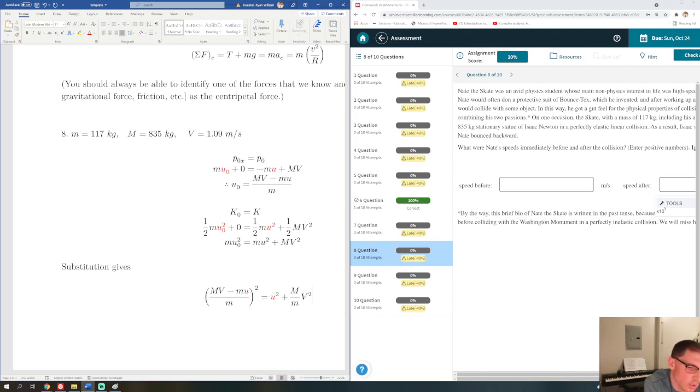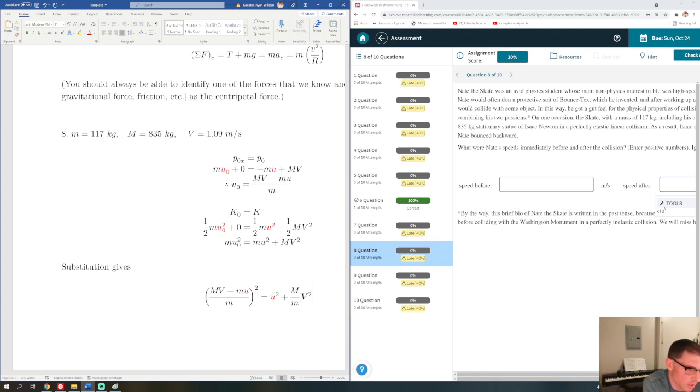You can always plug this into Wolfram Alpha and make sure that you end up getting the right result, or just check the numbers at the end when you've solved for it. But I would strongly suggest that you try to solve this symbolically up till the very last step.